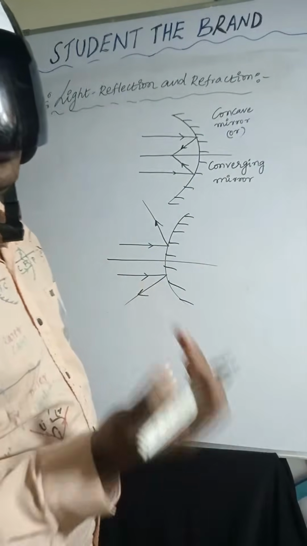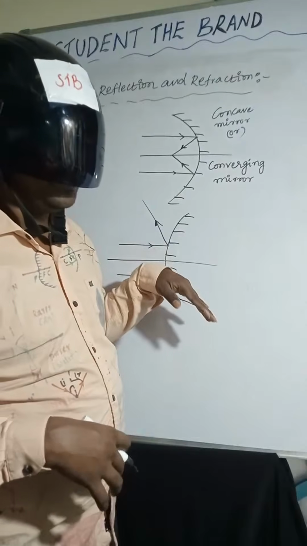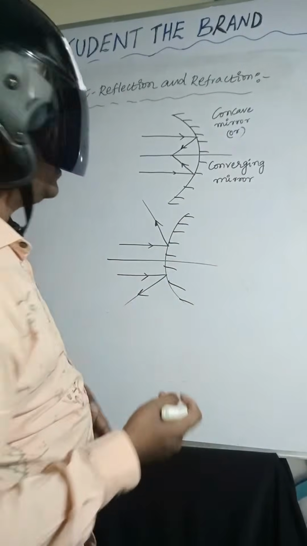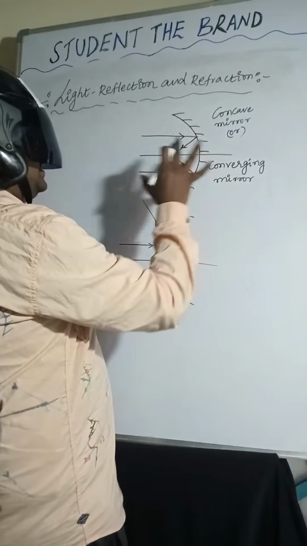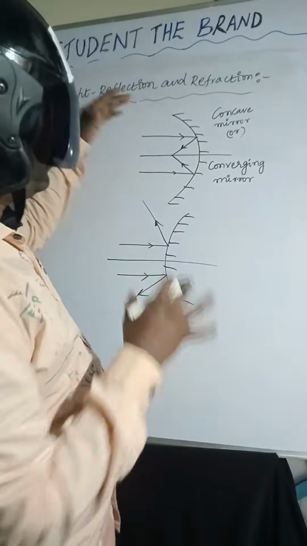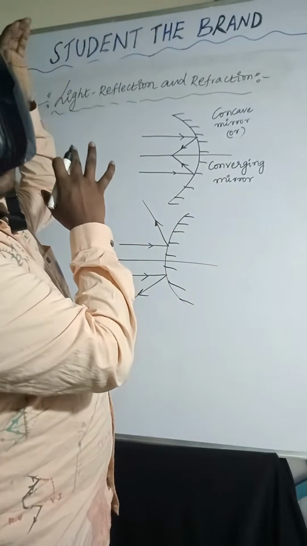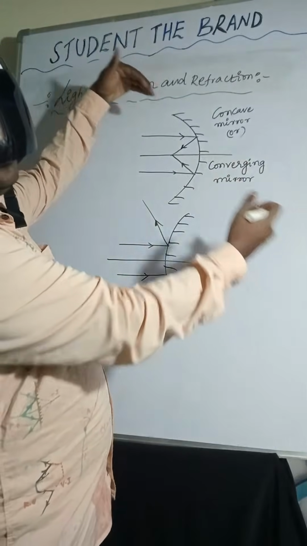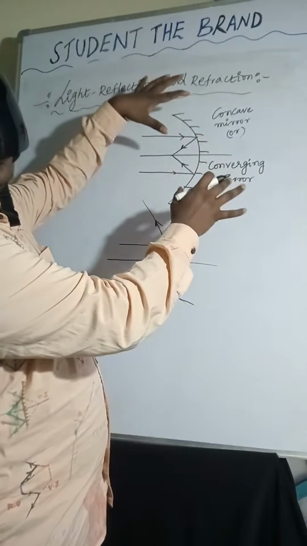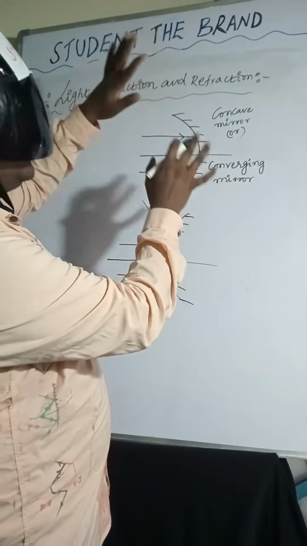Sir, why do you say concave mirror is a converging mirror and convex mirror is a diverging mirror? What is the reason? Whenever light rays are incident on the mirror, after reflection the light rays move towards the principal axis. That's why concave mirror is also known as converging mirror.